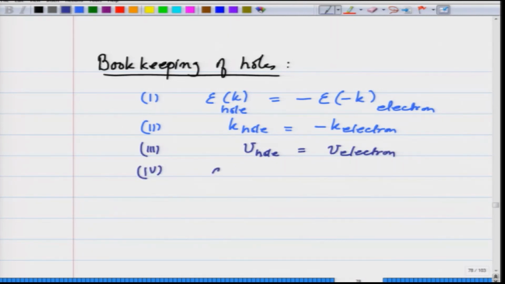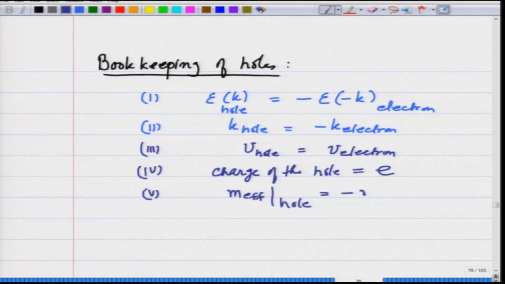Number 4, charge of the hole is equal to plus e. Number 5, m effective of hole is equal to minus m effective of that missing electron. And with this we can completely describe an otherwise filled band which is slightly empty with holes, and this is our bookkeeping for the holes.